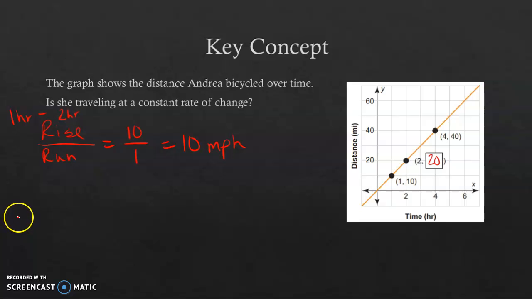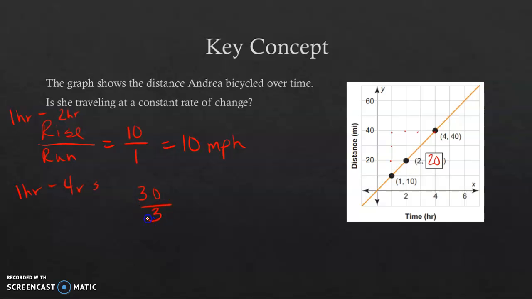Now let's find it for 1 hour to 4 hours. So we're going to start here at the 1 hour, which is at 10. We're going to go, so this is 10, 20, 30. So we're going to have 30 divided by, and then from 1 to 4, 1, 2, 3.